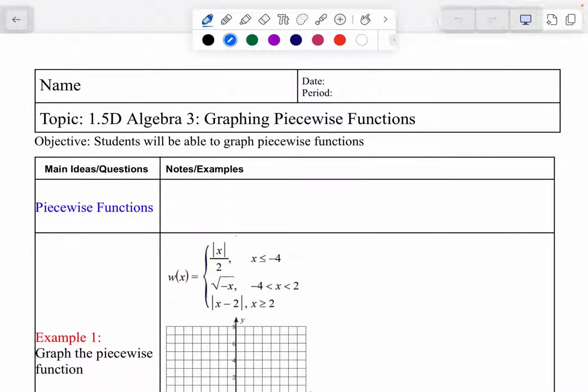So I want to take you through the kind of steps of a best practice of how to graph a piecewise function. So what is a piecewise function? It's a function that breaks into multiple pieces based on the domain.